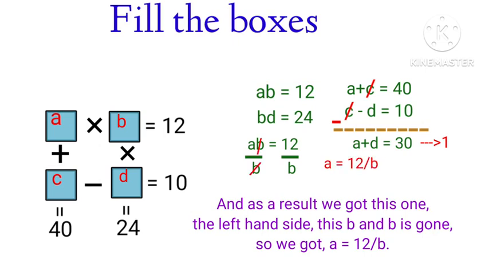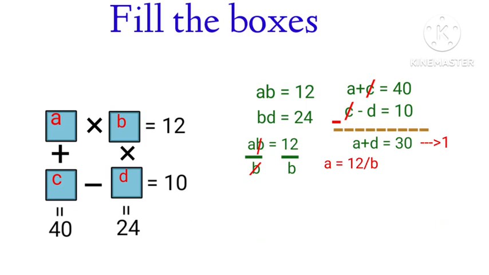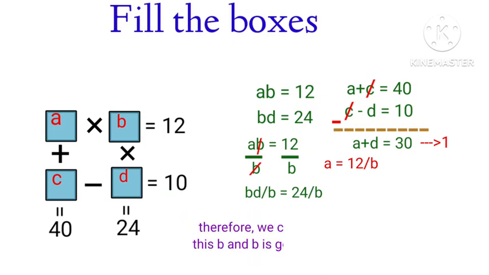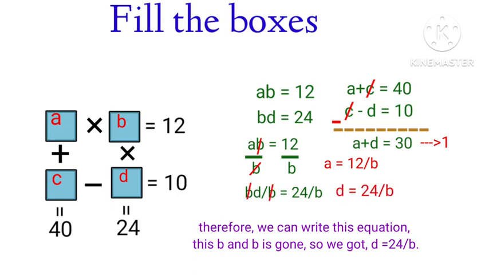So we got A equals 12 divided by B. Likewise, let's focus on the second equation, BD equals 24. Let me divide both sides by B. Therefore, we can write this equation. This B and B are gone. So we got D equals 24 divided by B.